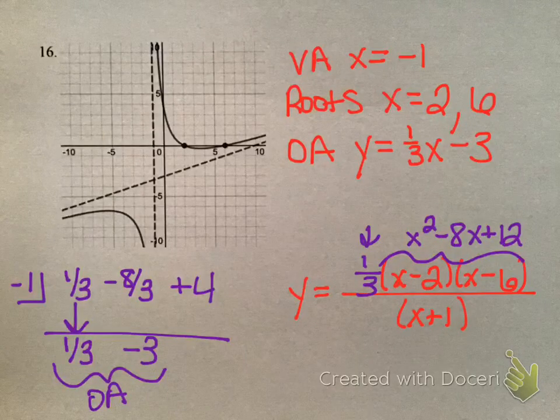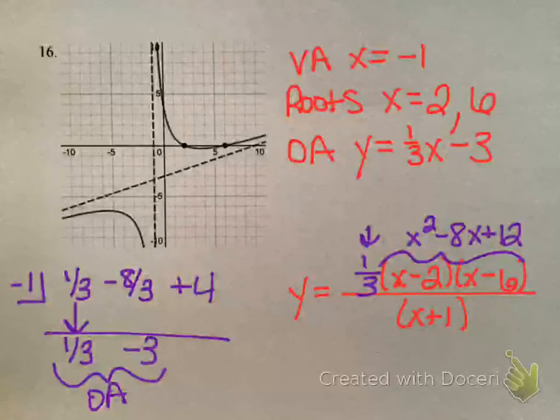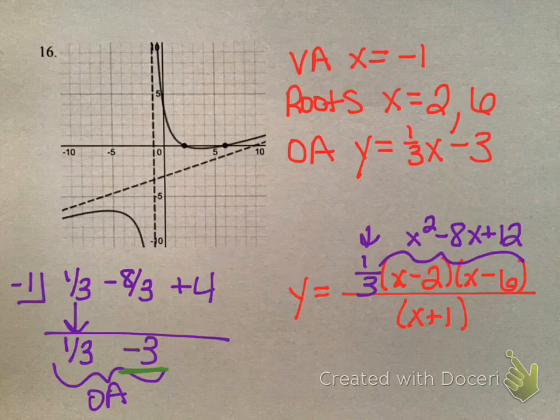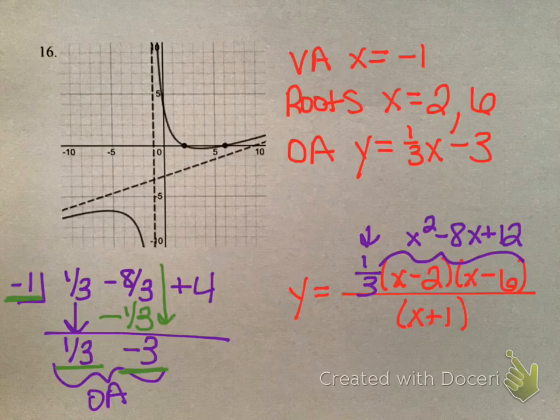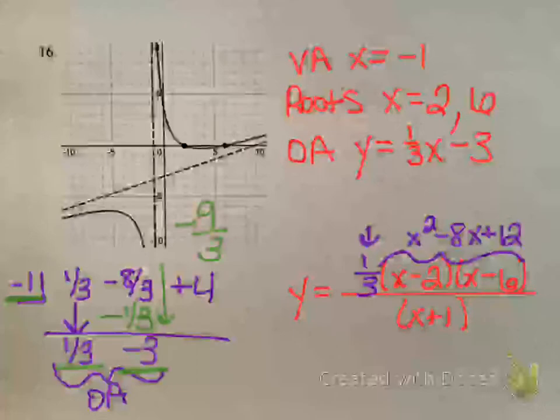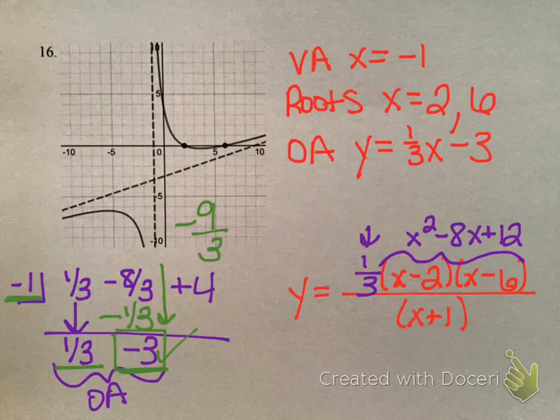If I have my synthetic division set up like this, I need to confirm that I do in fact get a -3 right here. So 1/3 times -1 would have been -1/3. Add down, and you would have gotten -9/3, which sure enough is -3. And so we know that that coefficient of 1/3 is the appropriate and correct coefficient for that quadratic.